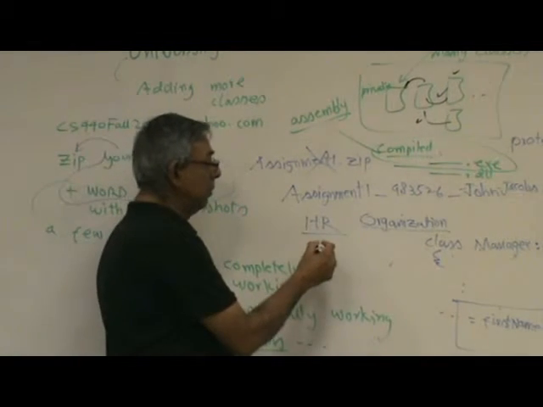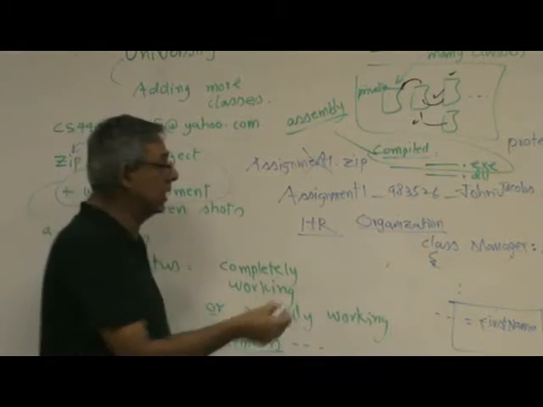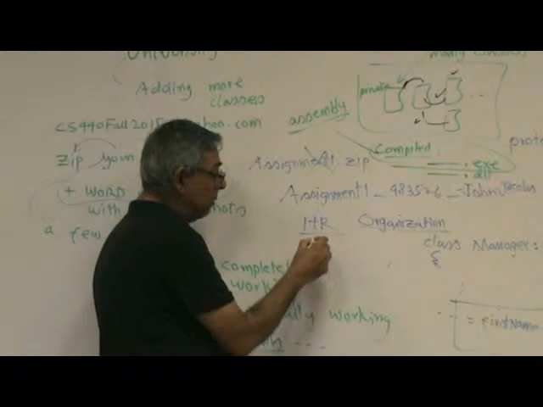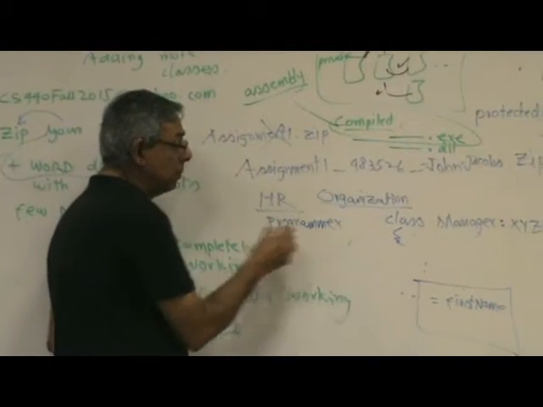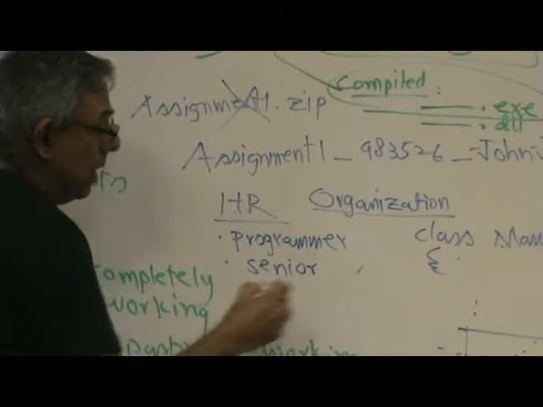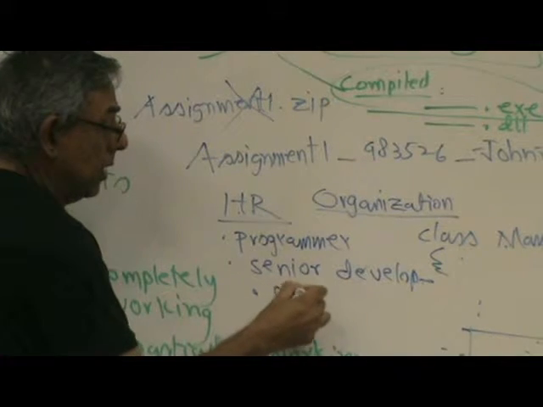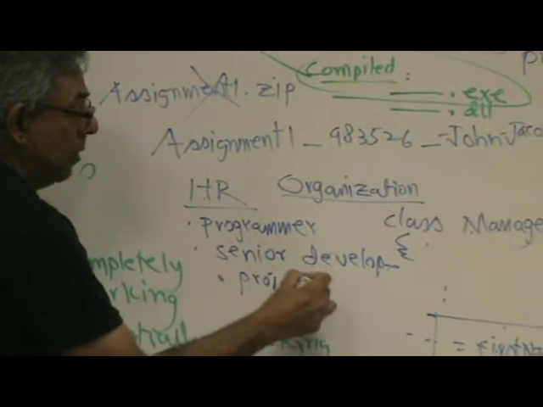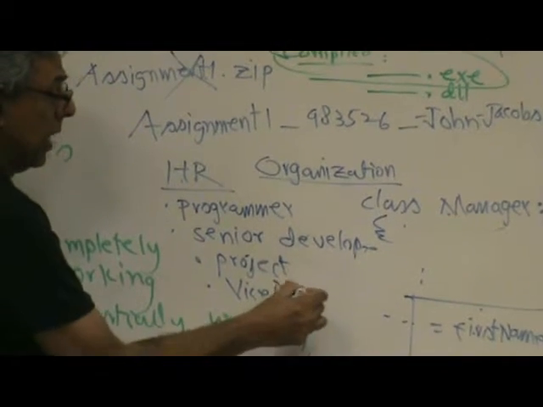Let's say this is a technical organization. There might be, for example, a programmer as one of the jobs. There might be a senior developer, a project manager, a vice president of a division, and so on.